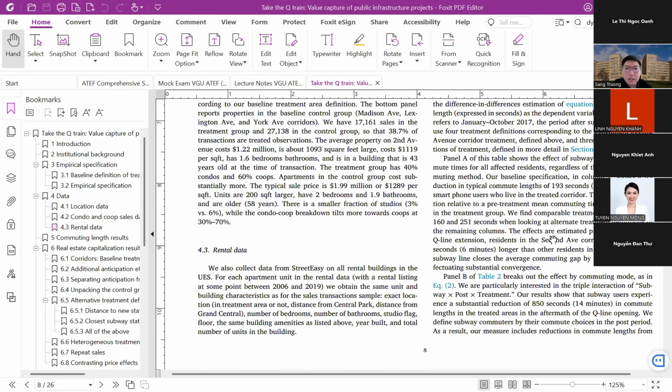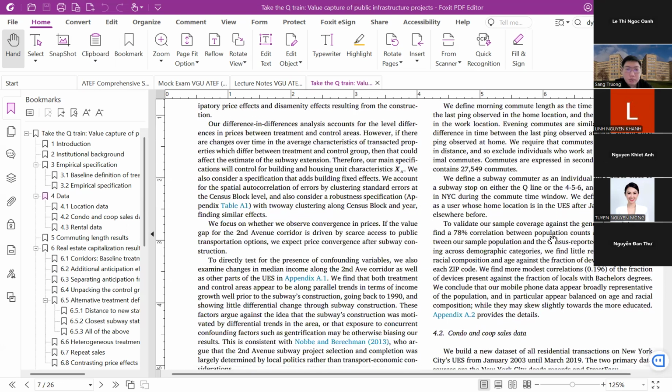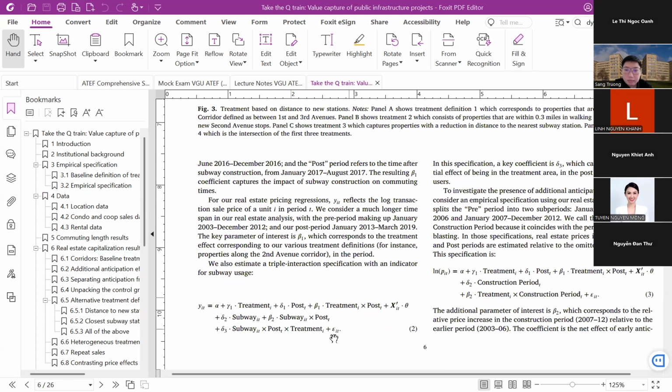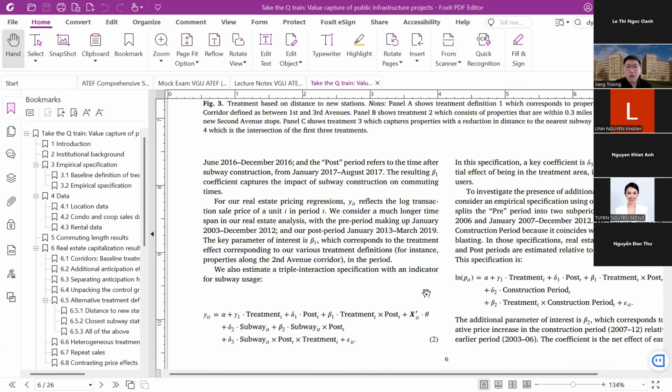Let me check. No. Oh, here. So instead of treat times post, they have a sum of beta_i times treat times post, where we take different values of t, not only 0 and 1 anymore. Okay, so are you okay so far?